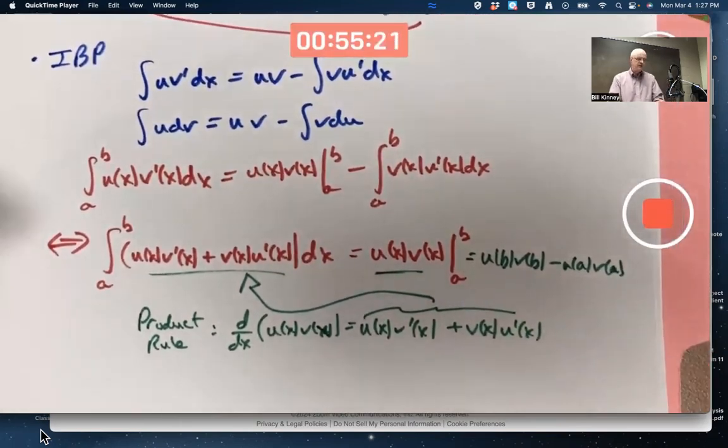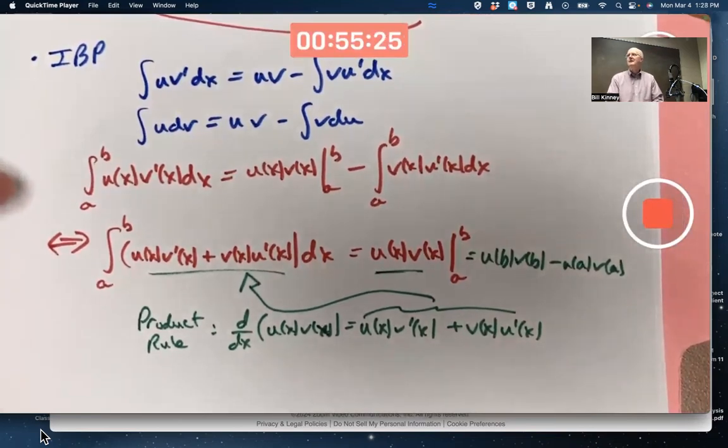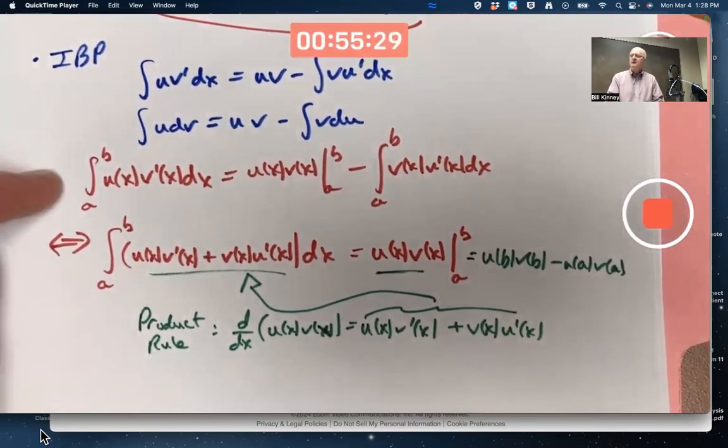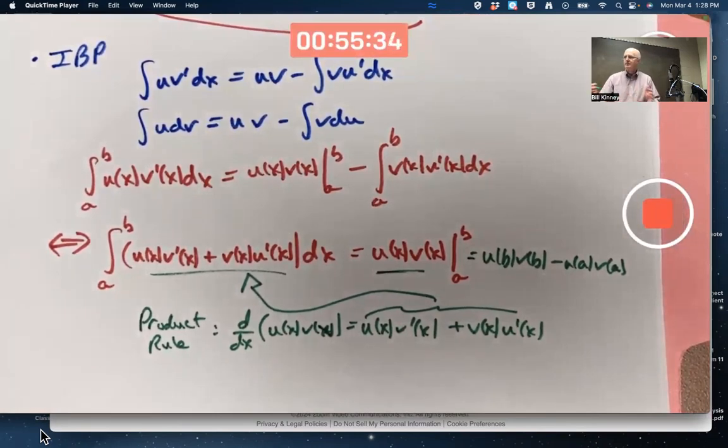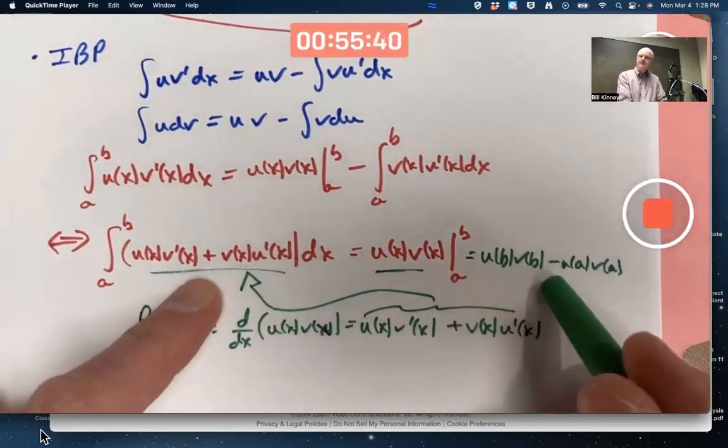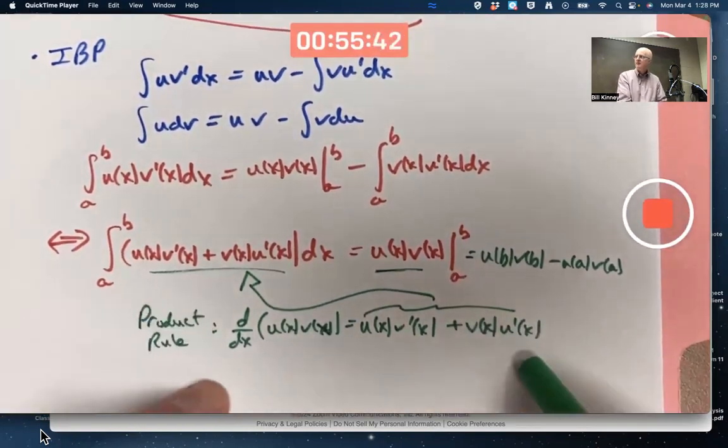And then rearranging gives you this one, going backwards. That's why this works. And again, not that I'm going to have you derive this from scratch, but if I asked you for a reason why these two things are equal, for example, I should say it's because of the product rule and the FTC.